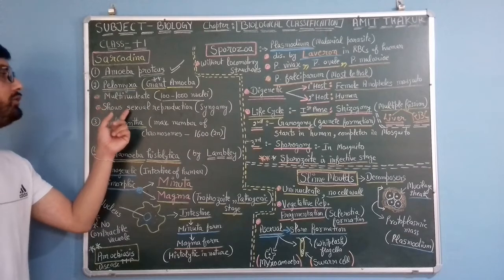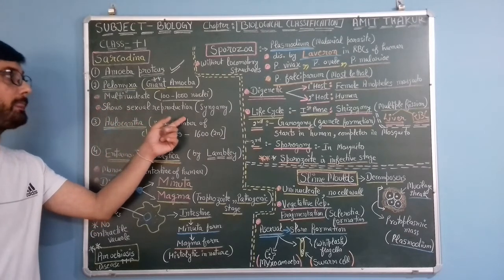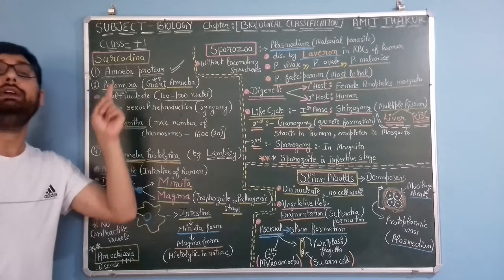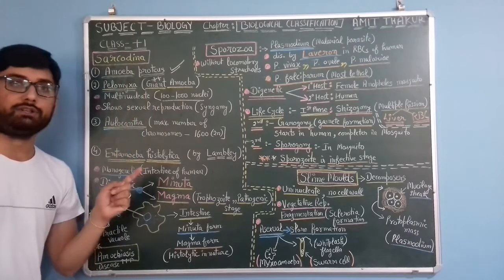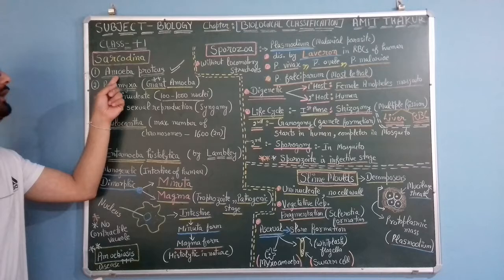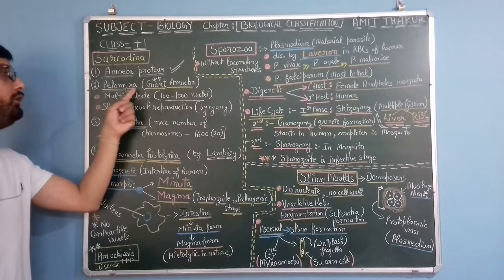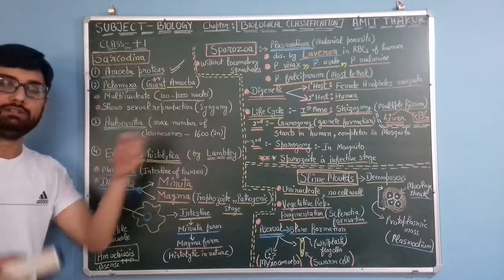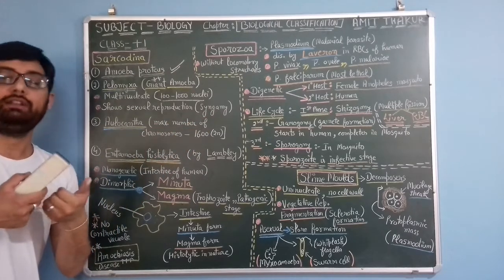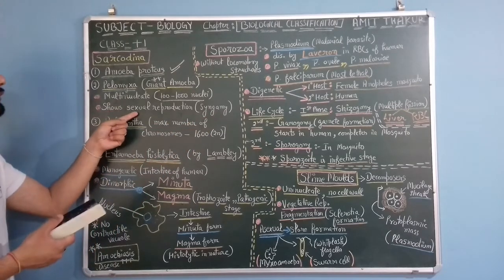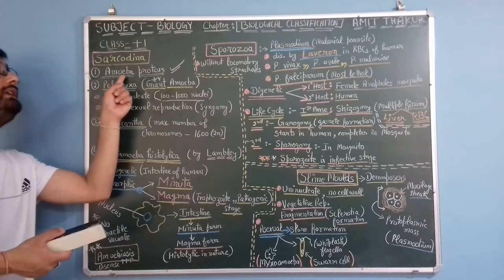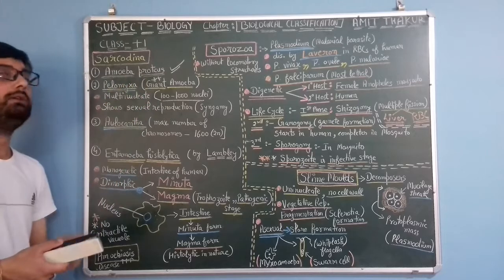You have read that in Amoeba proteus only asexual reproduction takes place, but in Pelomyxa there is sexual reproduction by syngamy, just a fusion of two organisms.